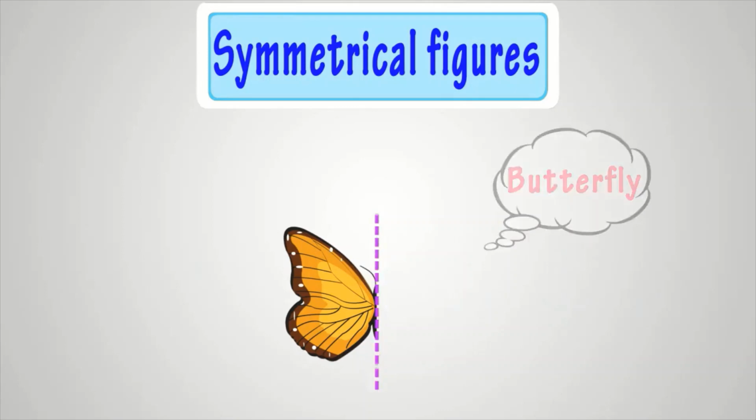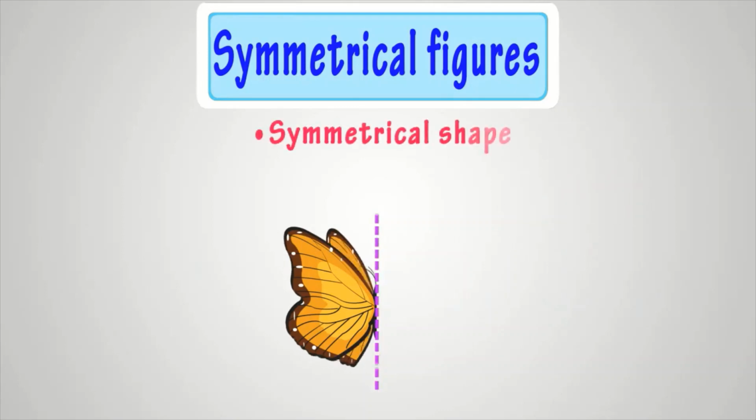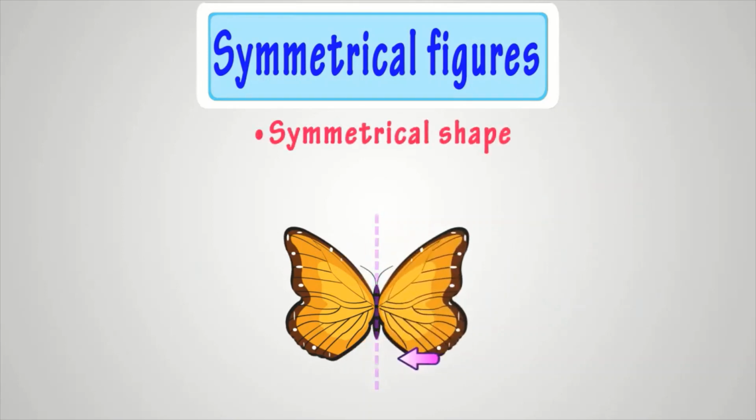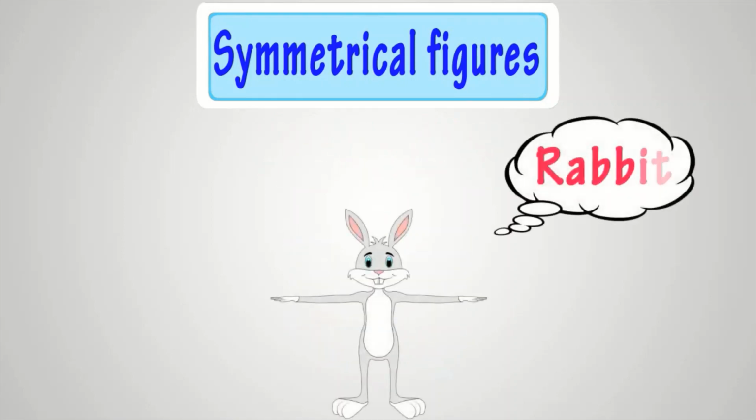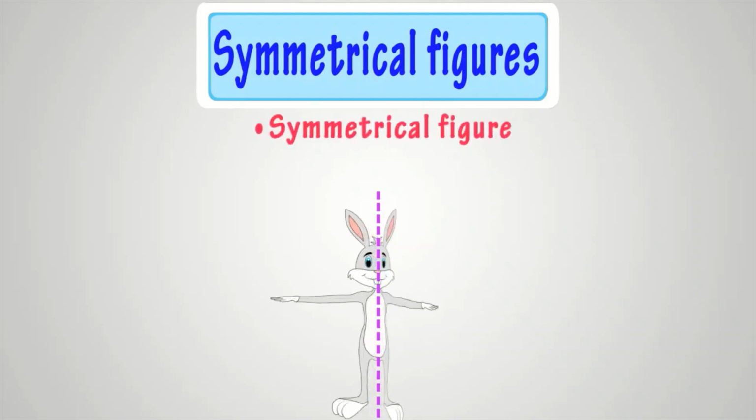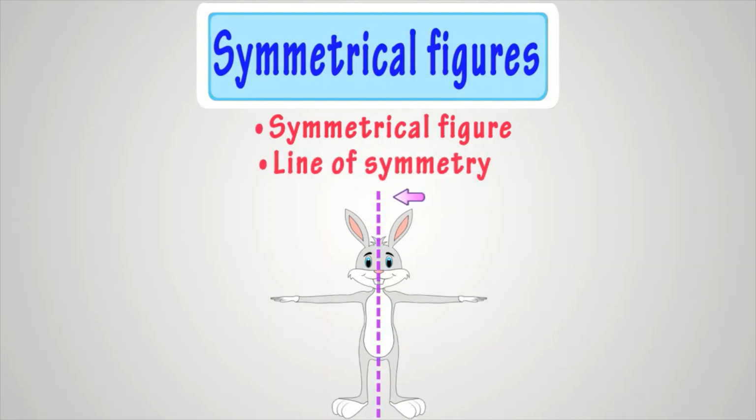So it's a symmetrical figure, and the line of fold is the line of symmetry. Here we have another symmetrical figure, a rabbit, and we can fold it exactly halfway. So it's a symmetrical figure, and the line of fold is the line of symmetry.